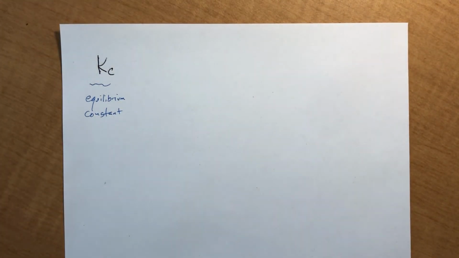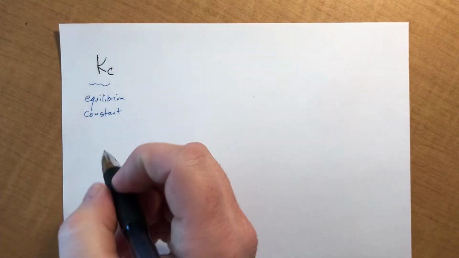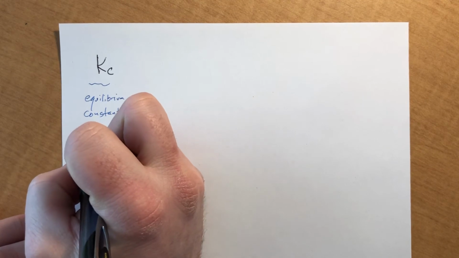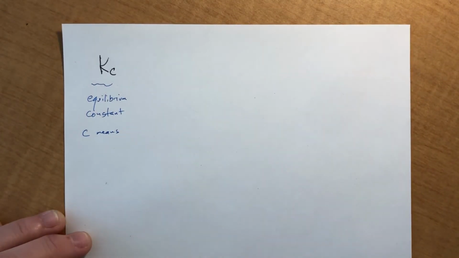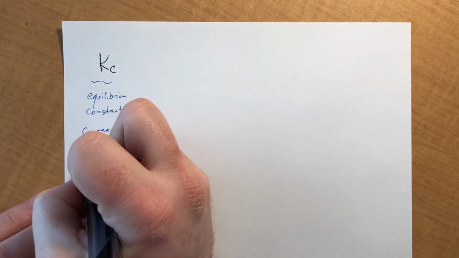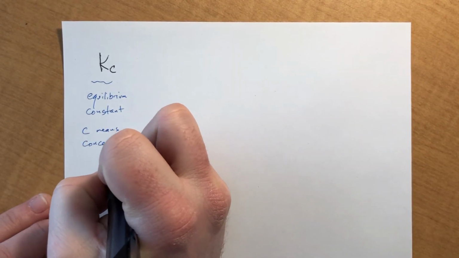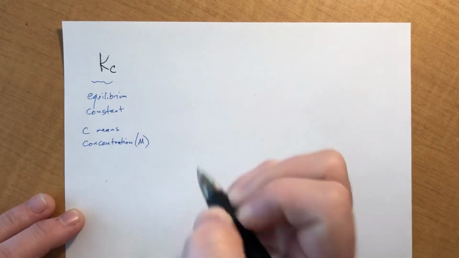There's like a whole bunch of things. We're going to learn about all of them. Okay, the C means that everything is in terms of concentration. It's basically molarity. And it is the most common way of writing this.